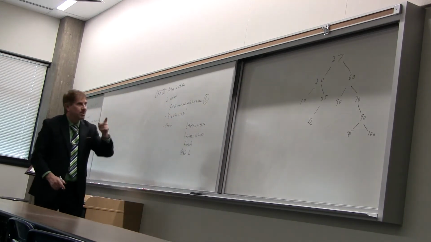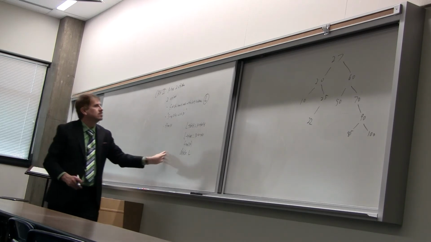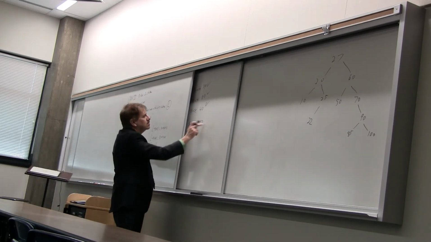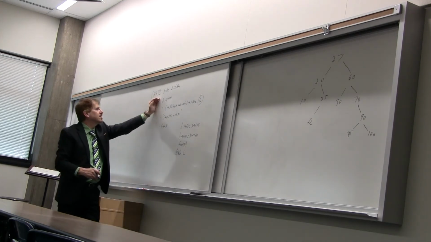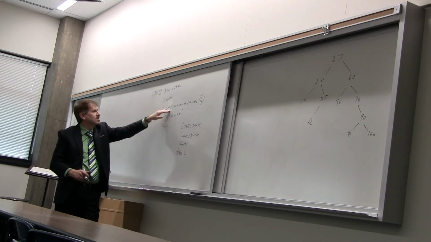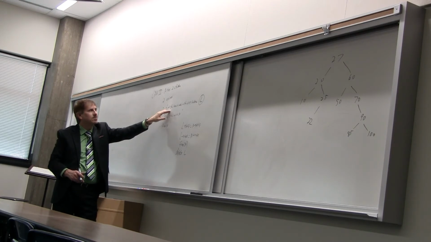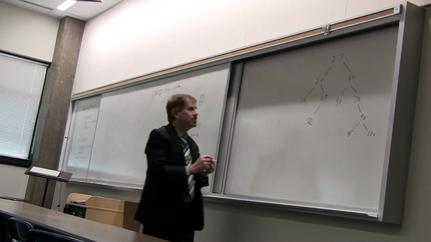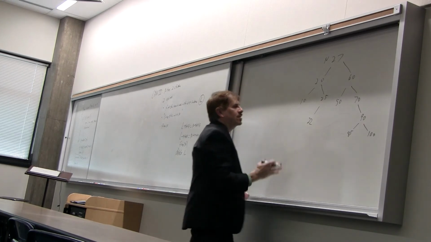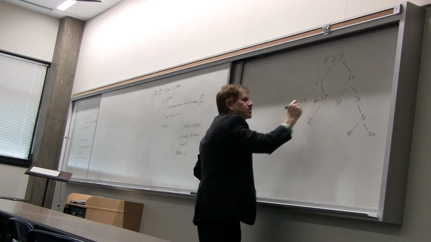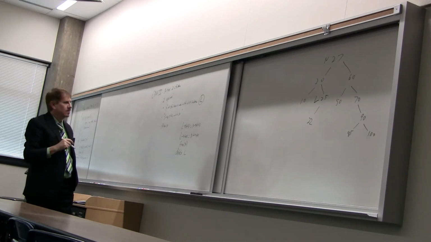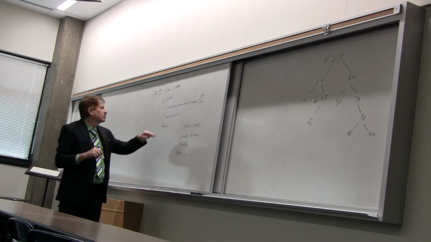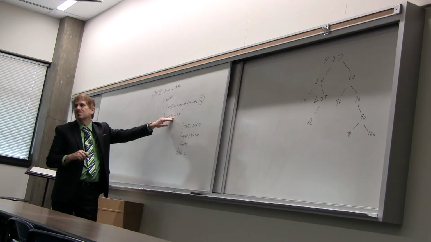All right, so we want to delete 27. 27 has 2 children, so we're in case 3. And we're just going to stick with this, find the largest node in the left subtree. So here's the node N we're trying to delete. The largest node in the left subtree is going to be 25. So we're going to basically swap that with our root node.